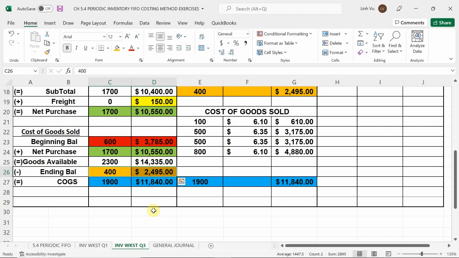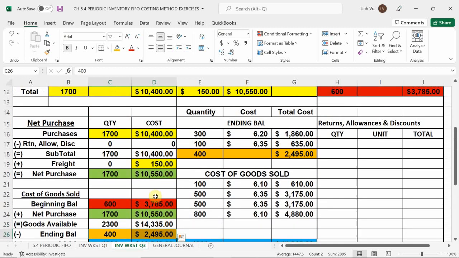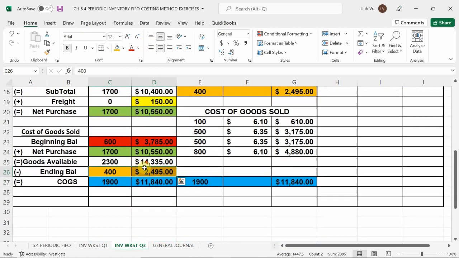That's going to be subtracting these two numbers, and you should get 2,495. Either way, whether you solve it by adding up your ending balance, or by taking what you have available and subtracting your cost of goods sold to get your ending balance, it's the same way you could do this.